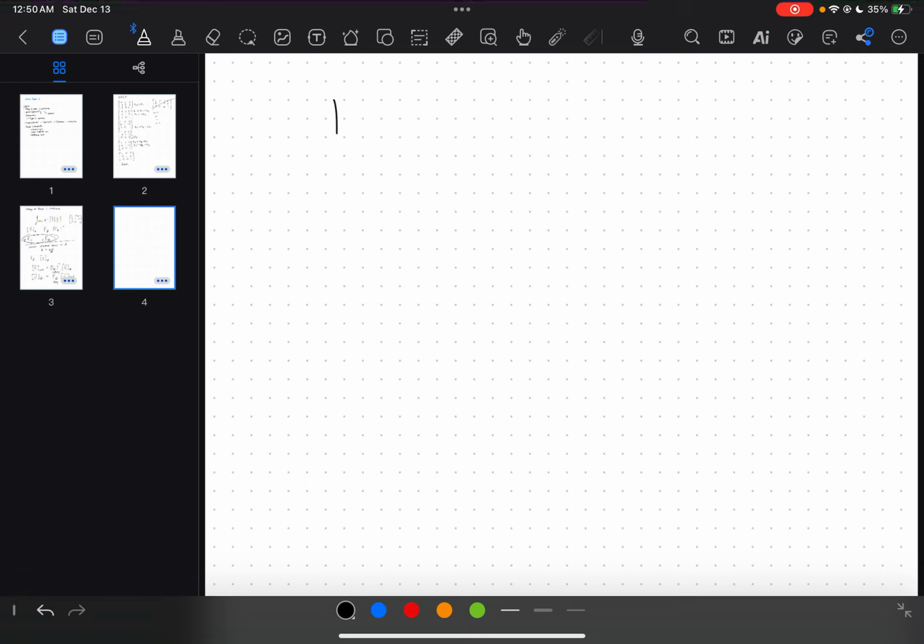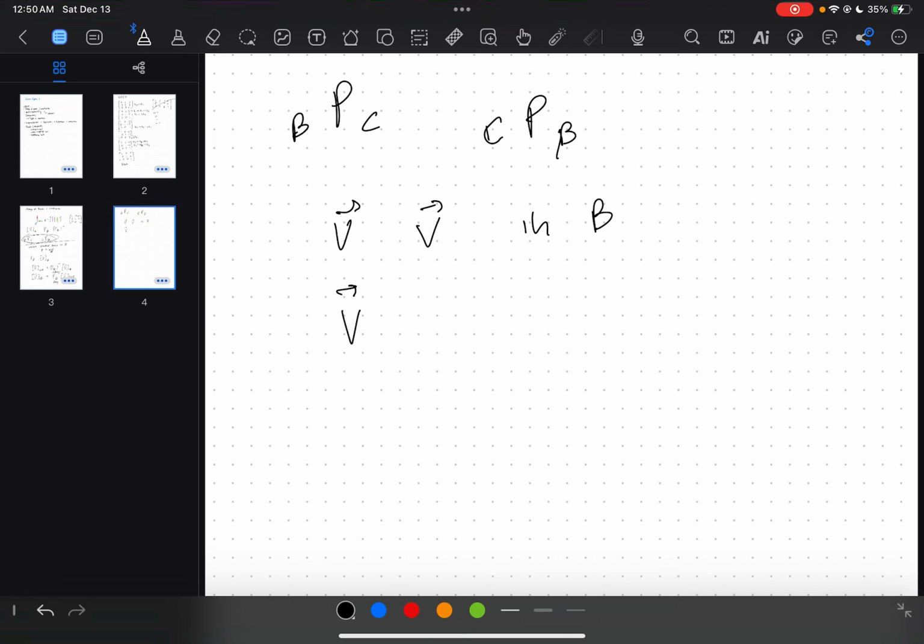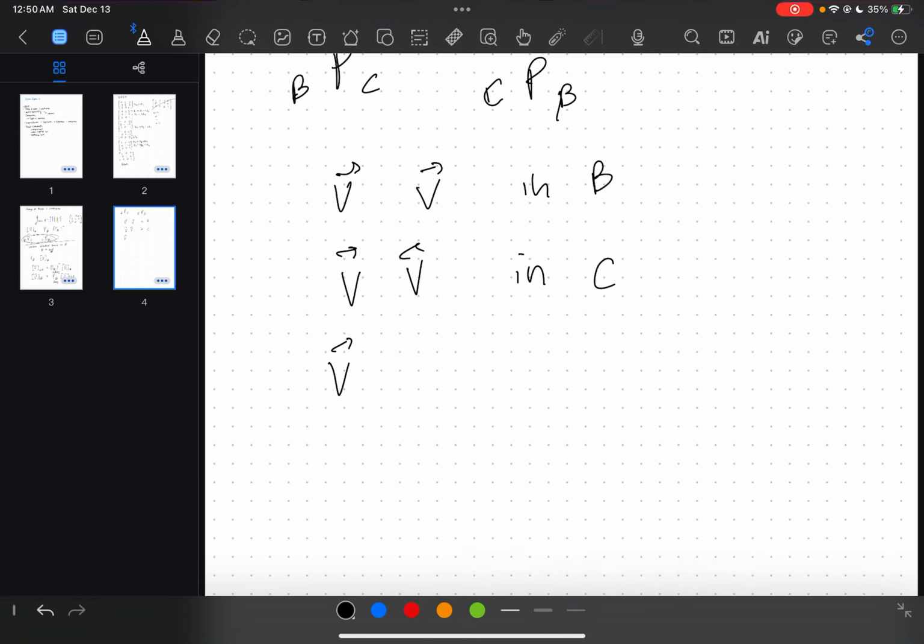So in those cases, like PBC, BPC, CPB, you're going to be given a vector in B, a vector in C. So this one would be, assume we want C, correct?